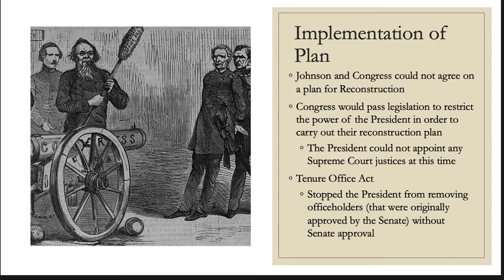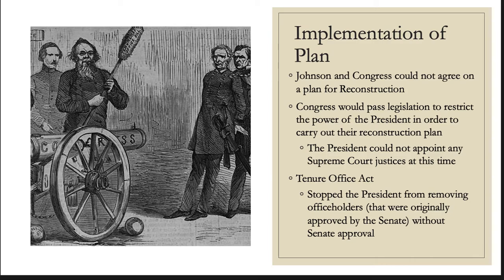But what the president could do is appoint members into other government positions, such as his cabinet, such as the other federal judge positions. So there are other places where Johnson could put and nominate people into the government.